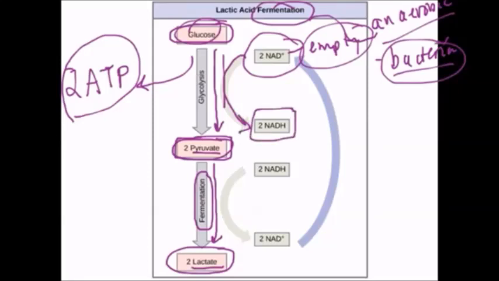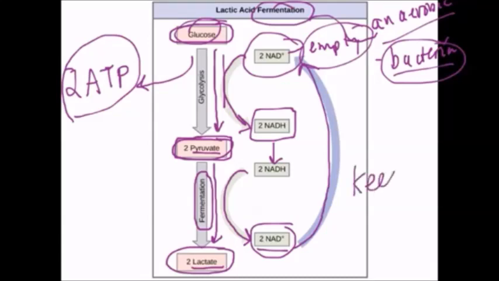So what occurs during fermentation is just to be able to take those NADHs and to be able to empty them back out again, so that now our empty NAD+ can come back and pick up more hydrogens and keep glycolysis going. If we had to say in one phrase the purpose of fermentation, it's to keep glycolysis going.